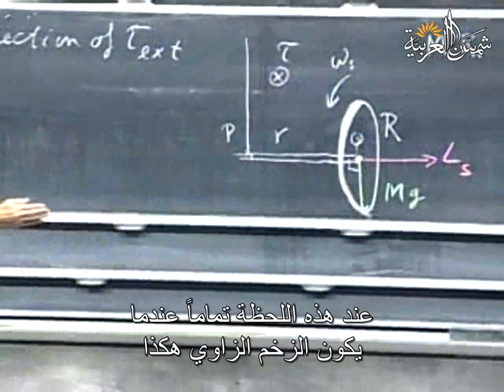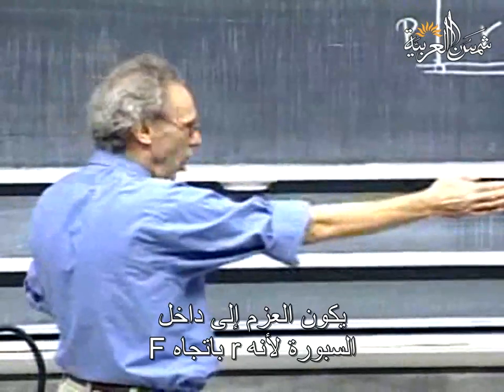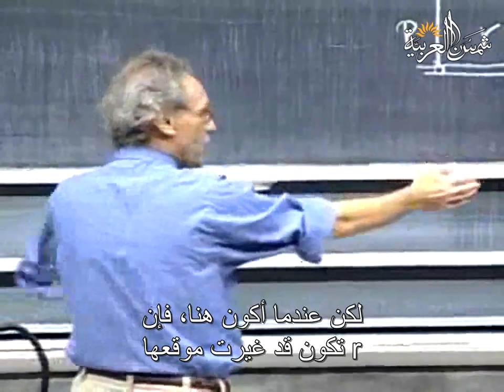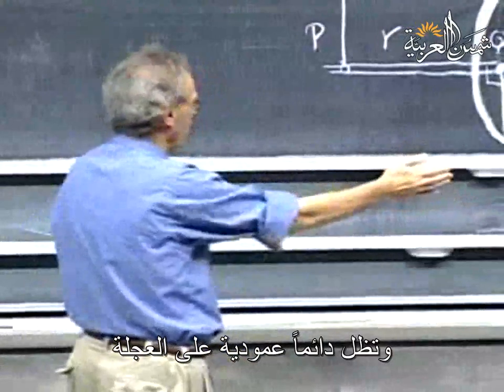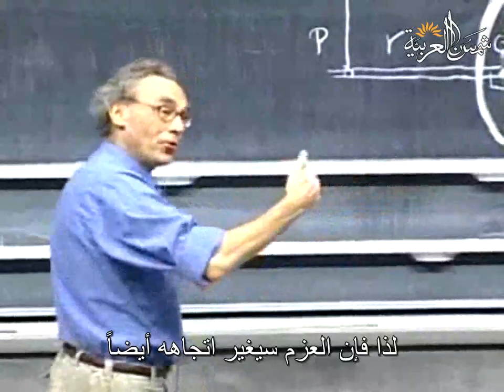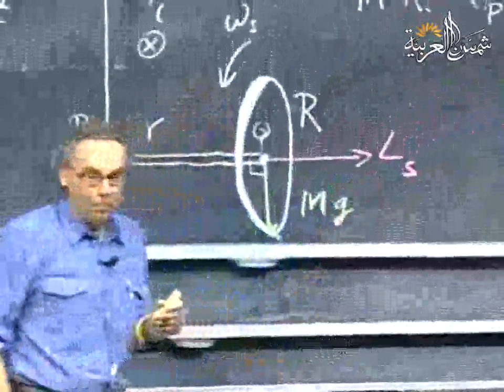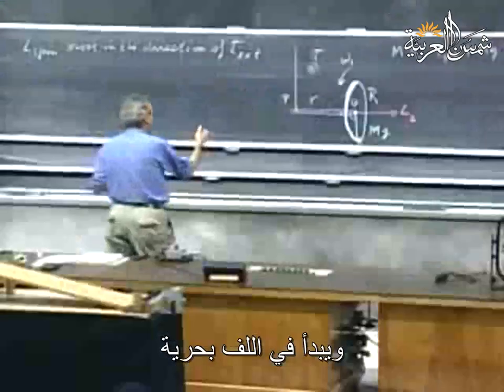At this very moment, when the angular momentum is like this, the torque is into the blackboard, because it's R cross F. But when I'm here, this R has changed position, and always remains perpendicular to the wheel. So the torque will also change direction, and so the spin angular momentum will keep chasing the torque and starts to rotate freely.